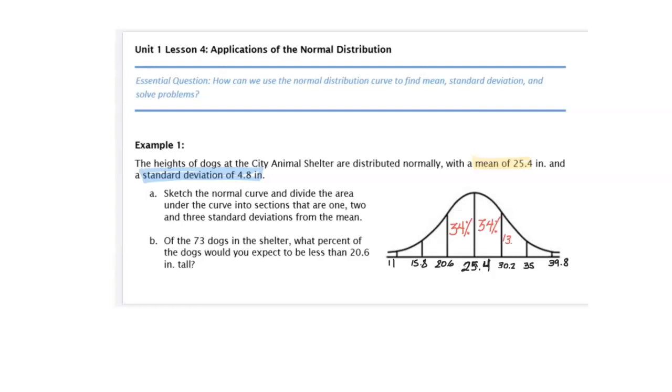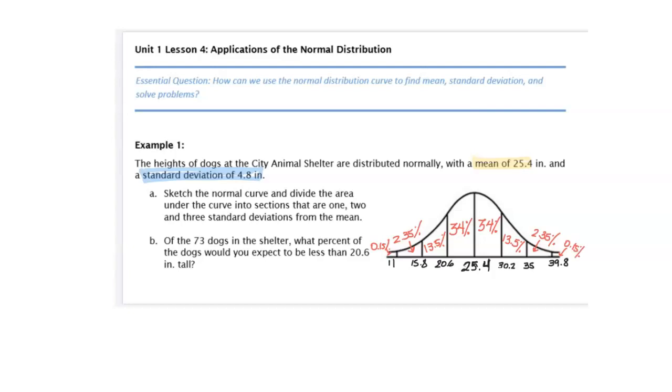Then we have 13.5% of our data. 13.5% of our data. This here, we have 2.35% of our data. 2.35% of our data is here. And lastly, we have 0.15% of our data, and 0.15% of our data is here.